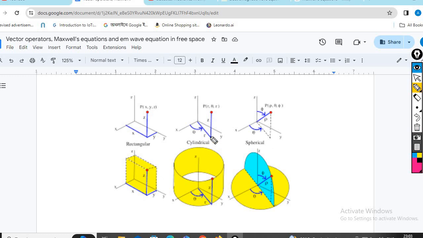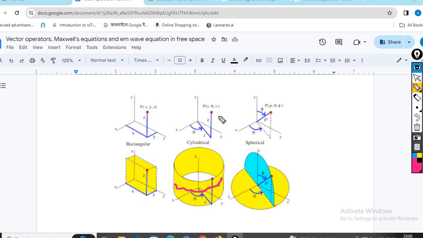Now if you consider that you have a cylindrical surface and the object is moving over this surface, how do we represent it? Obviously r and theta are varying. Along with this, the height is also varying. Initially the height was somewhere here. After some time the height becomes like this.